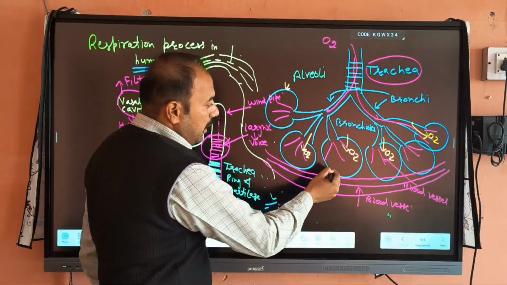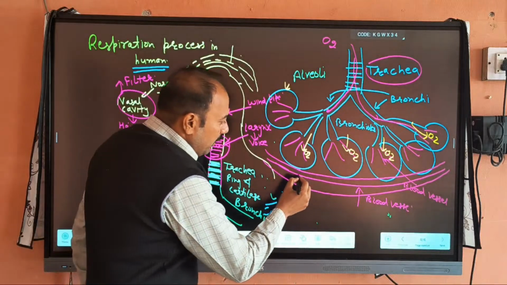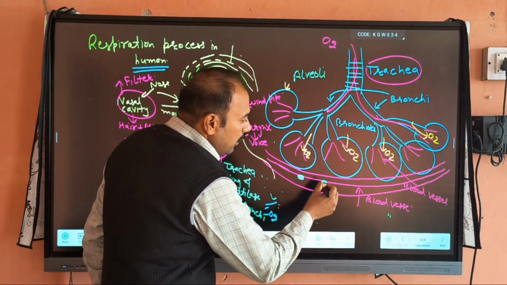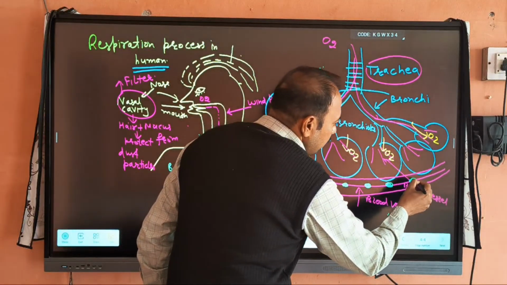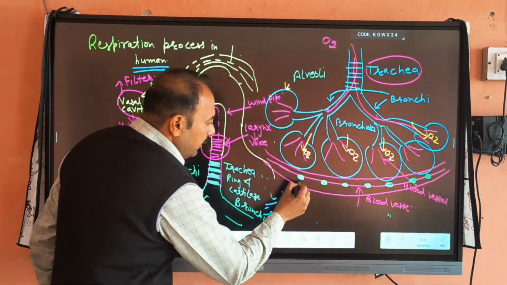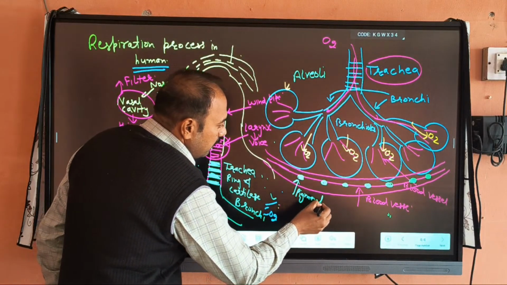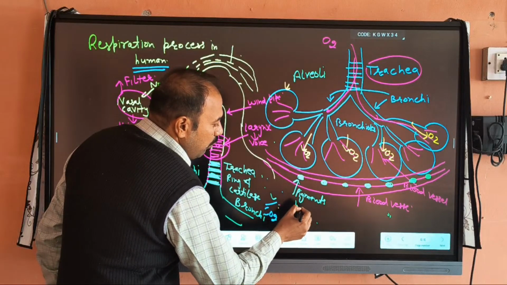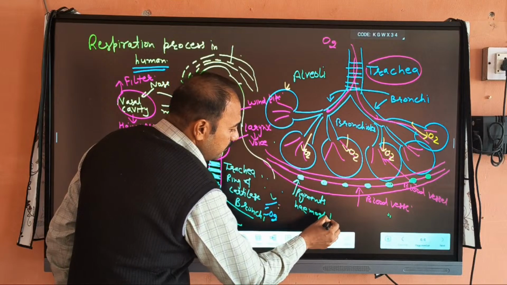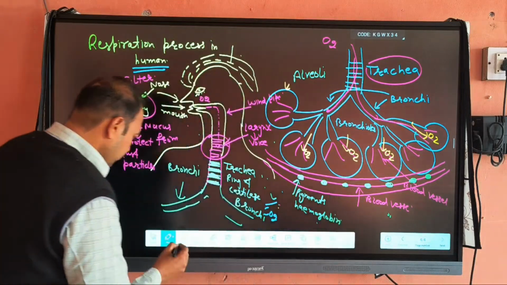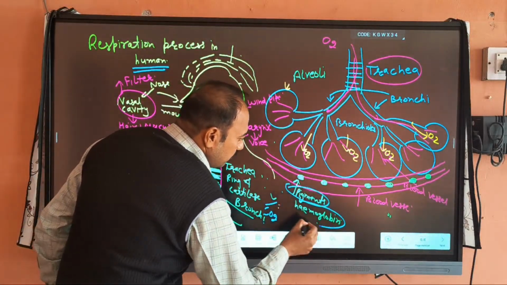This oxygen is absorbed by the blood vessels. So what is present in the blood vessels? Small pigments are present. These small pigments are known as hemoglobin.